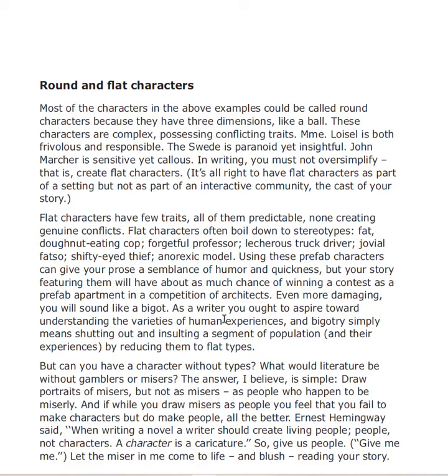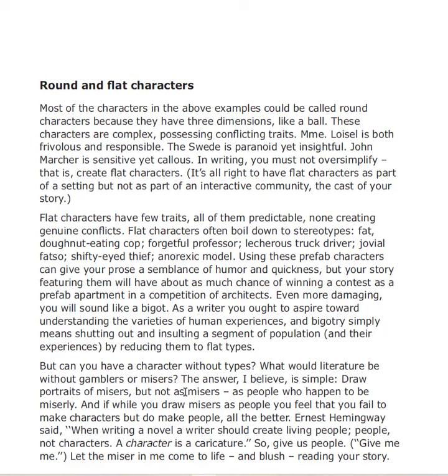So as a writer, you ought to aspire toward understanding the varieties of human experiences, and bigotry simply means shutting out and insulting a segment of the population and their experiences by reducing them to flat types. But can you have a character without types? What would literature be without gamblers or misers?